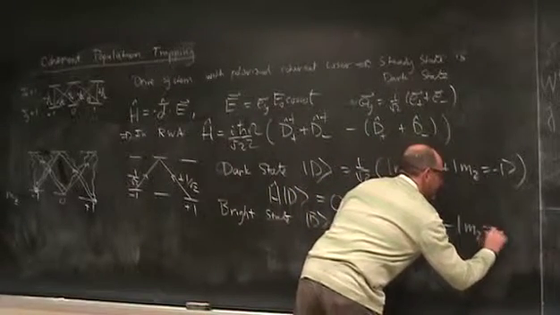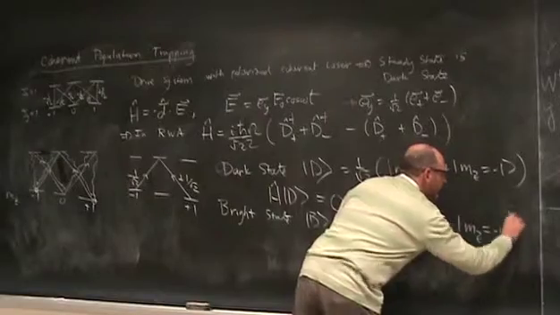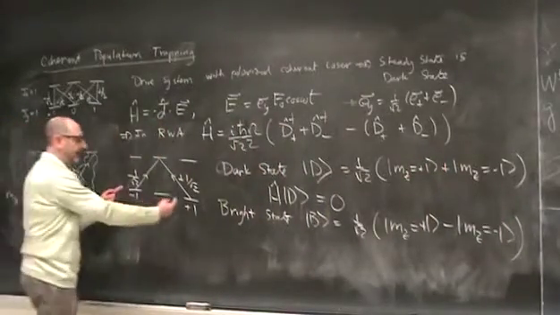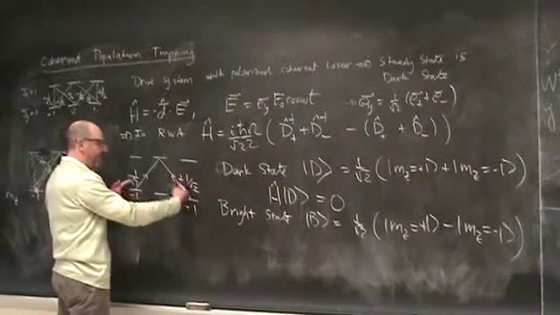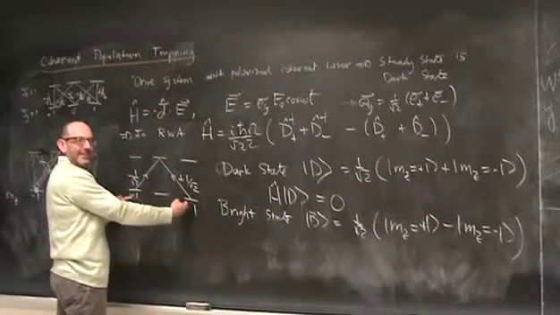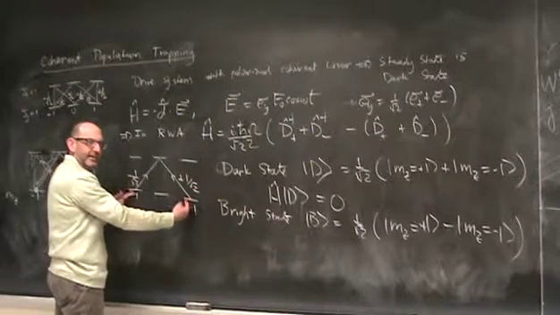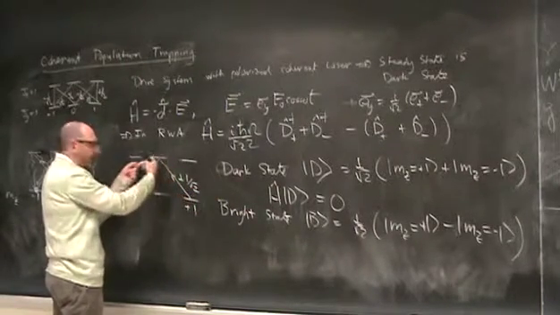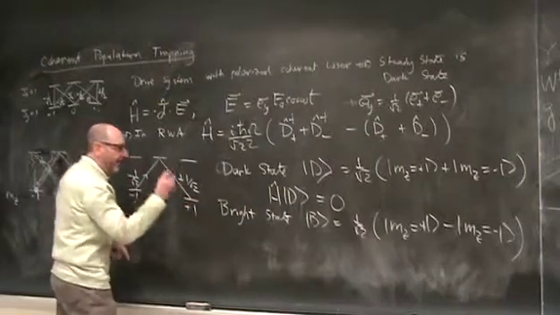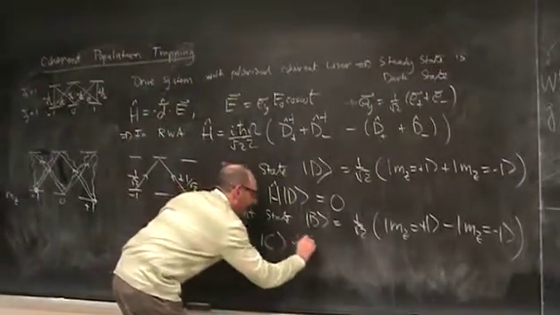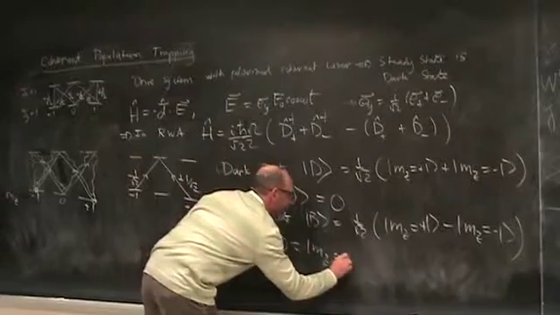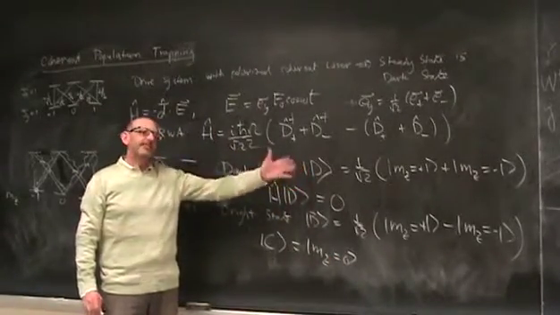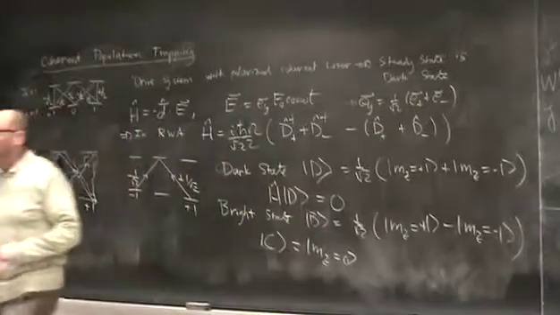That state is coupled. If you're in the antisymmetric superposition, these constructively interfere because of that sign, and then we'll end up in the excited state and spontaneously decay, either this way or that way. And then there's a state C, which is mz equals 0. But if I start in the bright-dark subspace, I stay in the bright-dark subspace.